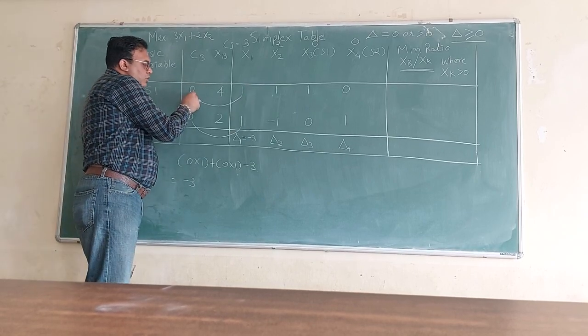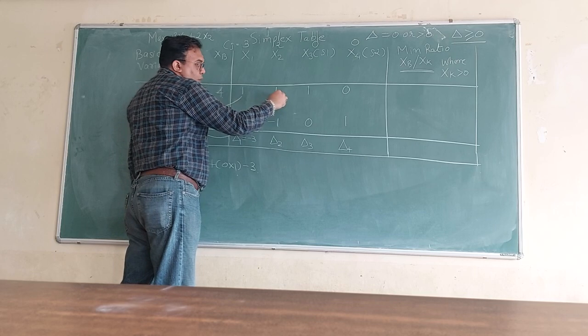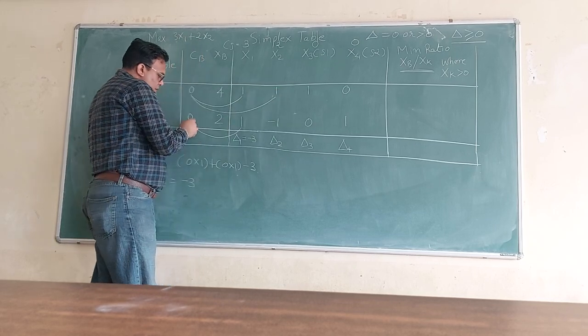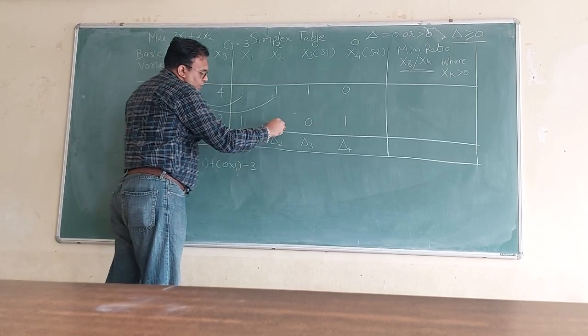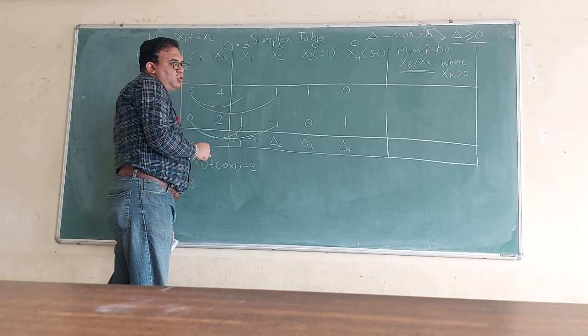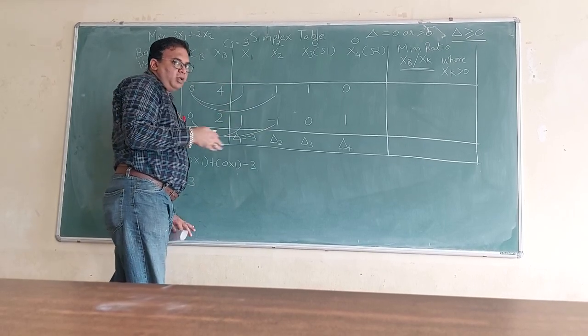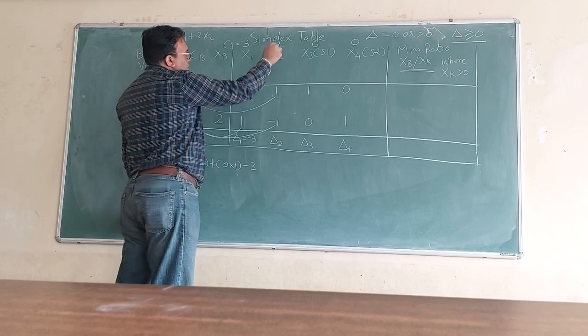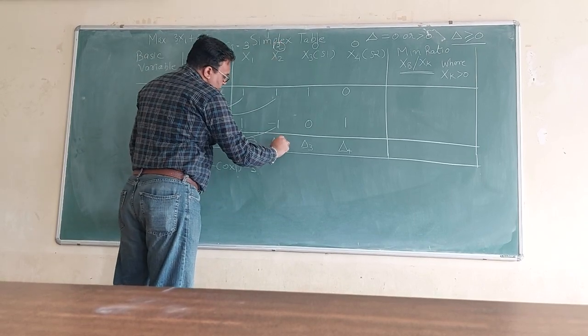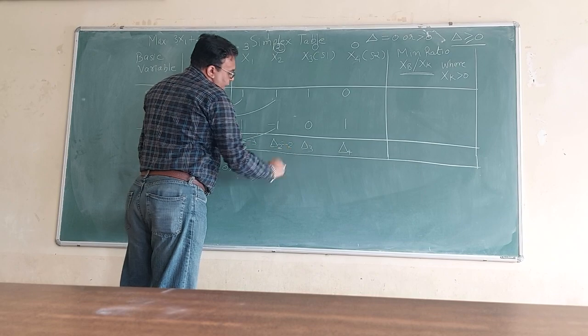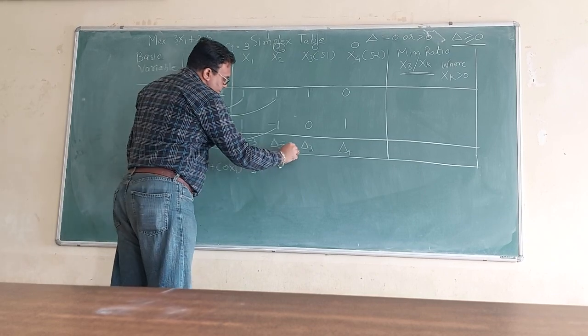Now in the same way we have to calculate the second value. Again, 0 is multiplied with 1 plus 0 is multiplied with minus 1, so 0 into 1 is 0 plus 0 into minus 1 is also 0, minus 2. So delta 2 becomes minus 2. Clear?